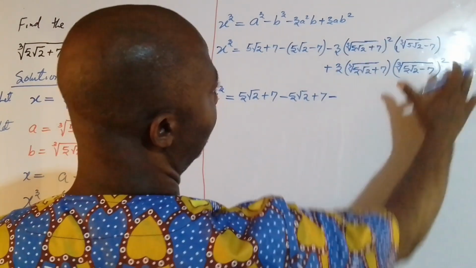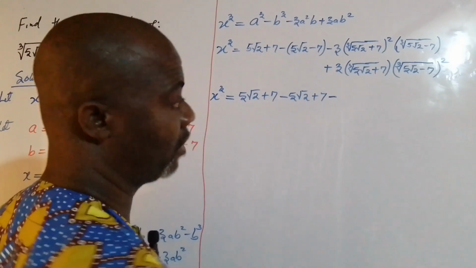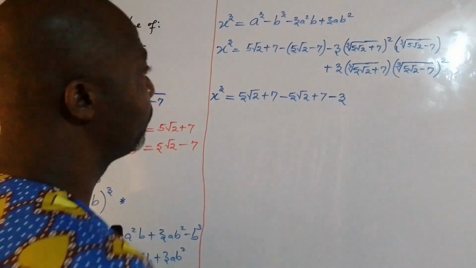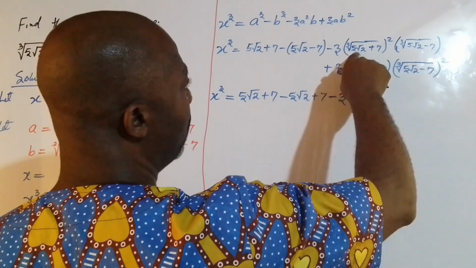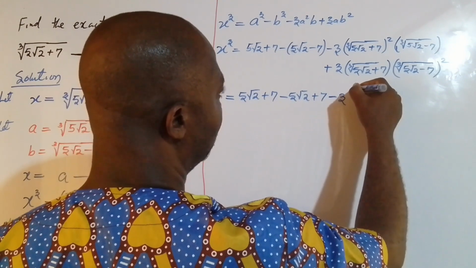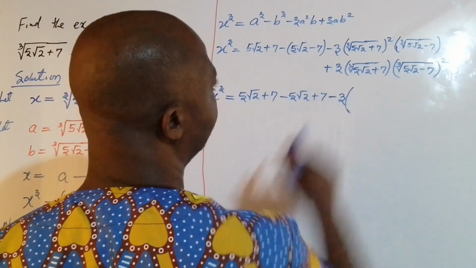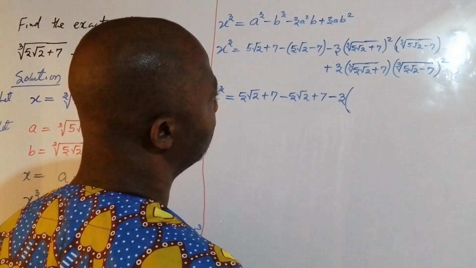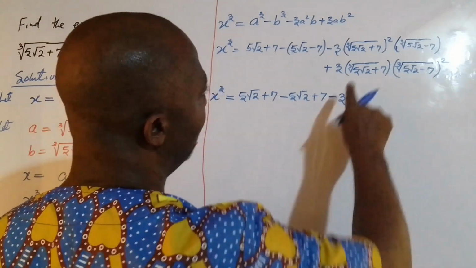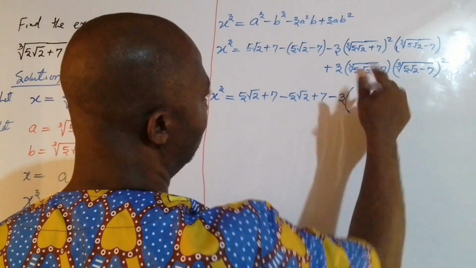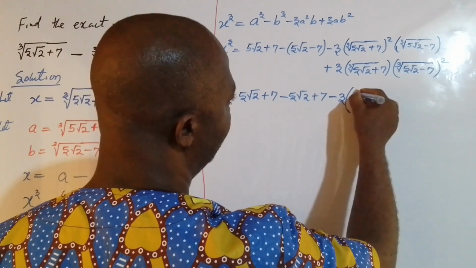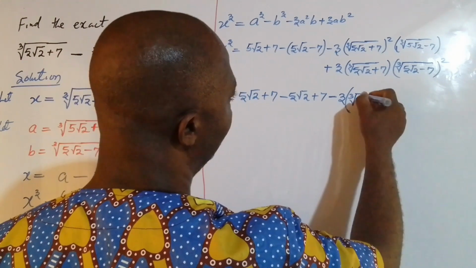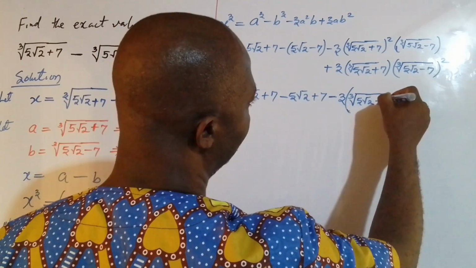From what we are seeing here, we have a common factor, so we can factorize, take out the common factor. So first we take out minus 3. Once we take out minus 3, within this bracket I can take out the cube root of 5 root 2 plus 7.